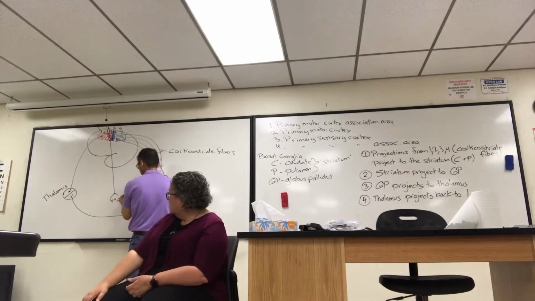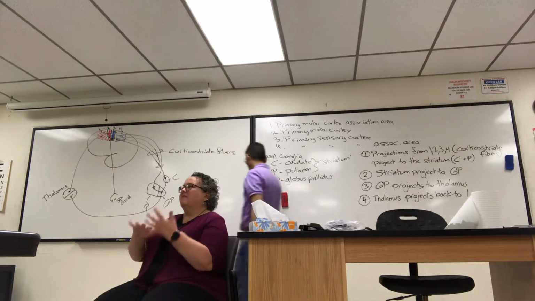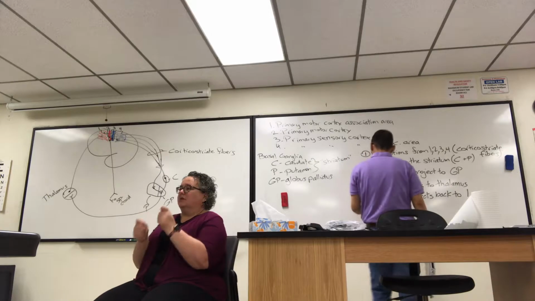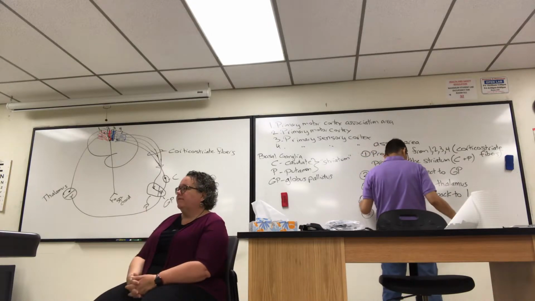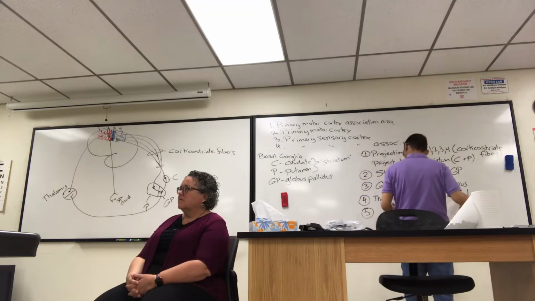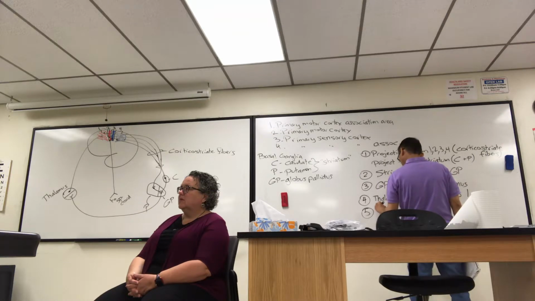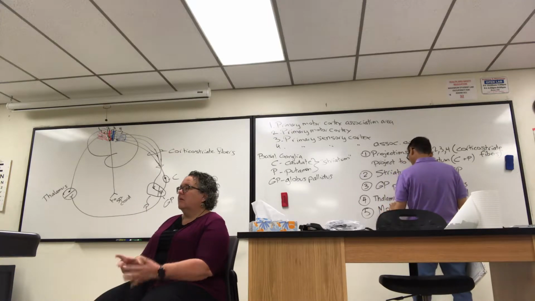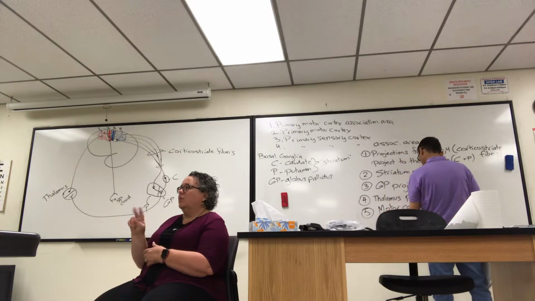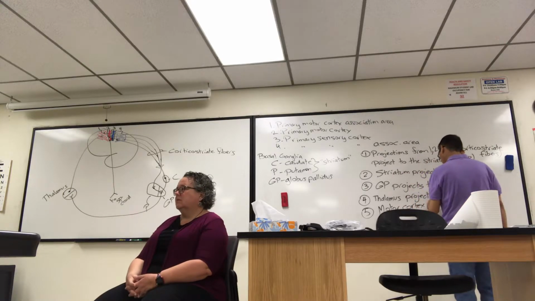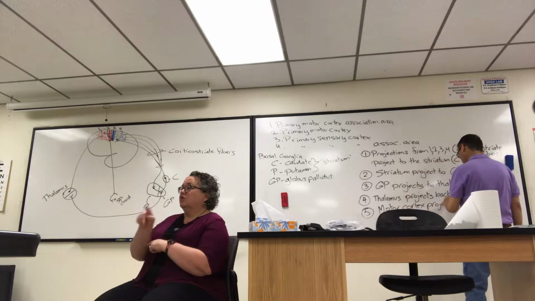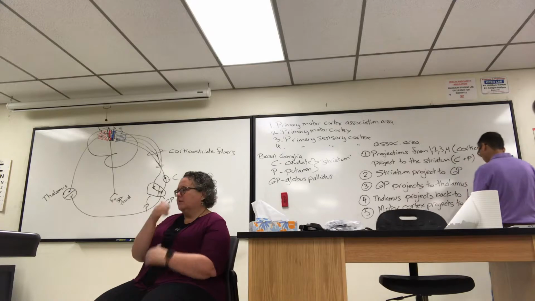And we can list that as a 5th step to make an adjustment on the movement. Number 5. The primary motor cortex, I'll just put motor cortex, projects to spinal cord.